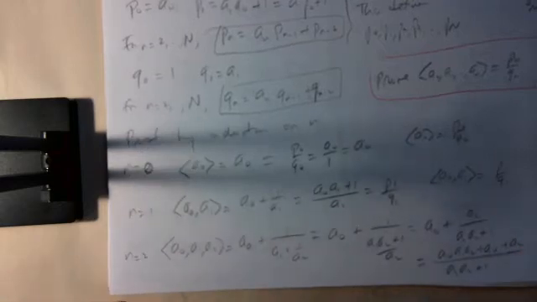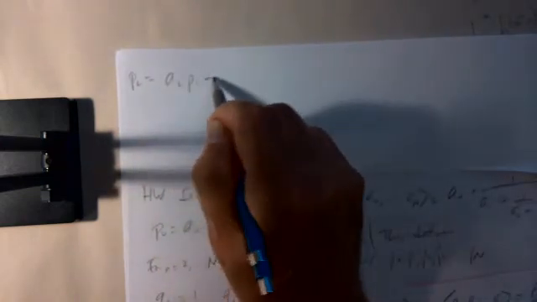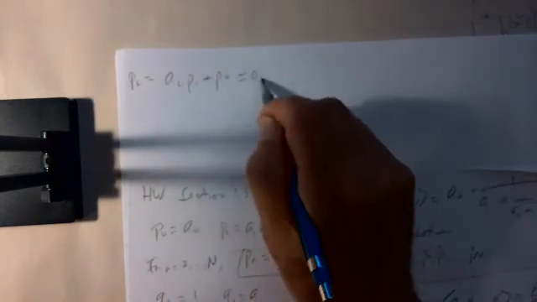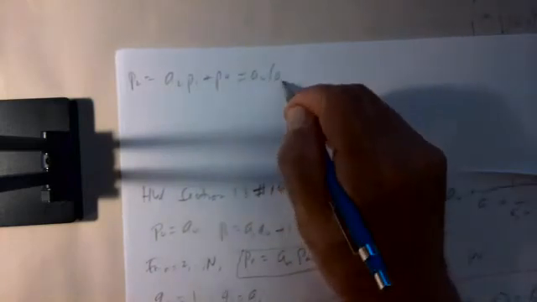Now, we want to show this is equal to P2 over Q2. So what are P2 and Q2 equal to? Remember, here was the recursion formula. P2 is A2 P1 plus P0. And P1 is A1 A0 plus 1.